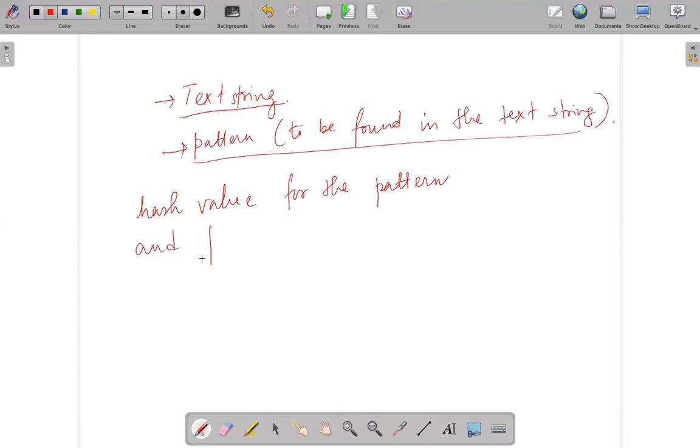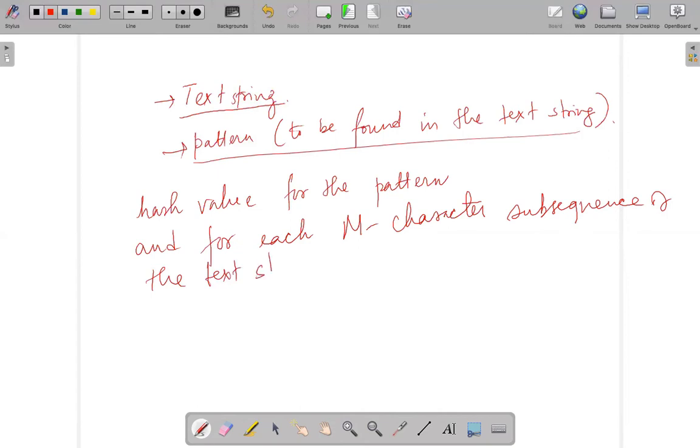And for each m character subsequence of the text string. So you have a hash for the pattern and you have a hash for each of the m character subsequence of the text string. Okay.